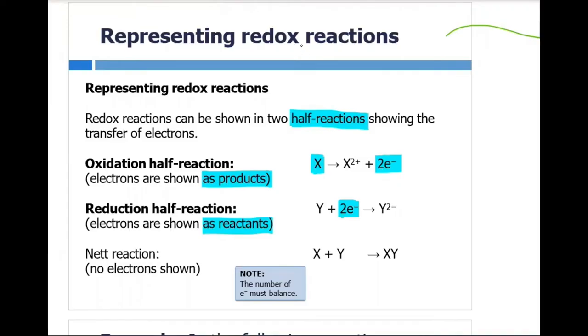Right, and then you can also do a net reaction, which we looked at earlier today in our acids and bases section. With a net reaction, your electrons are not shown. Why can we just throw them away? If you think about combining these two half reactions, you've got one reaction.